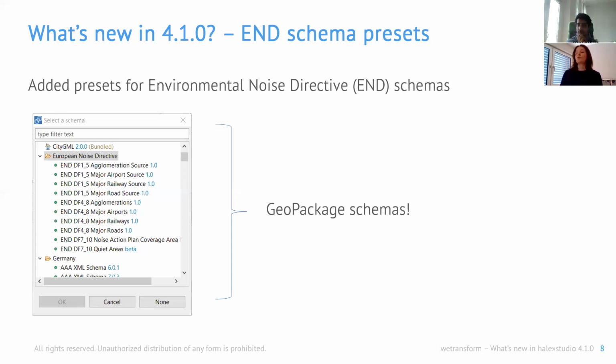So when you select import schema and you go to presets, you'll see in the menu now a new folder called European Noise Directive. When you expand that, you have access to all of the new GeoPackage encodings for the END data deliverables. So you can see those here, there are quite a few.